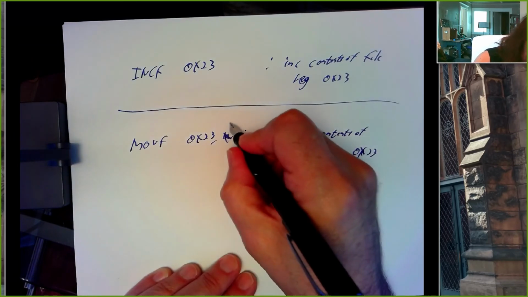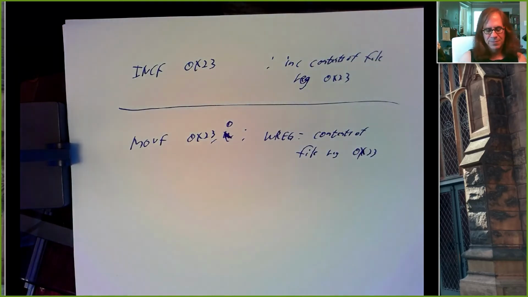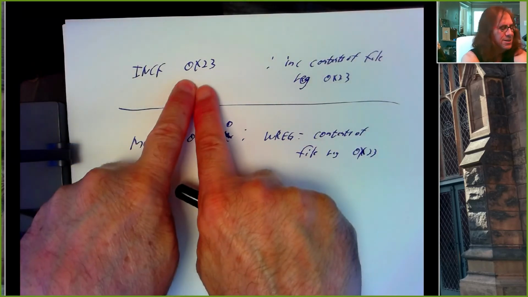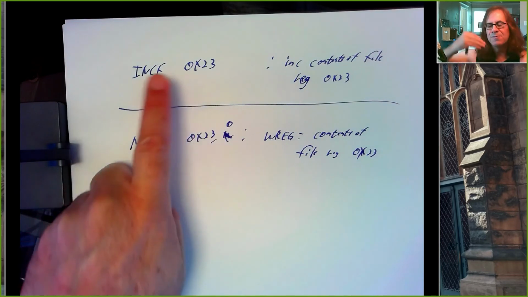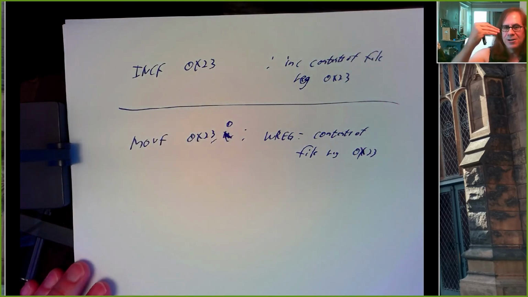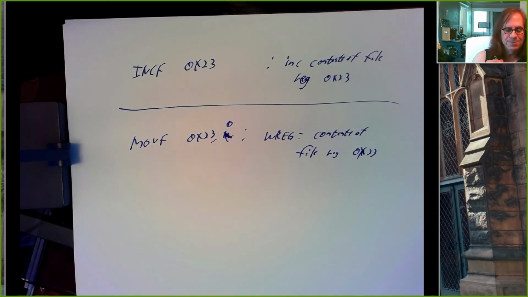I should be consistent and use a 0x there. So this reads the contents of a file register. This increments the contents of a file register. So far, everything we've done, the operand is the address of a file register, and we're acting on the address.